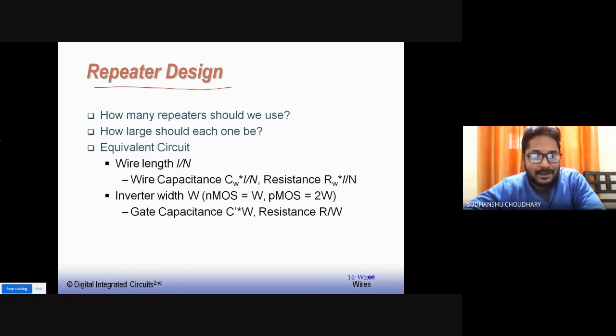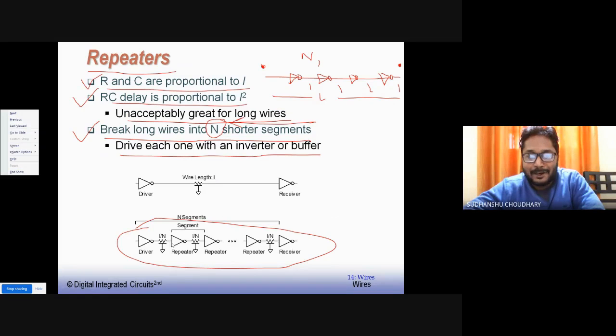But yes, in the repeater design there are a few questions: how many repeaters should be used, and how large each repeater should be. In this chain of repeaters which you are seeing, it is possible to size these repeaters.